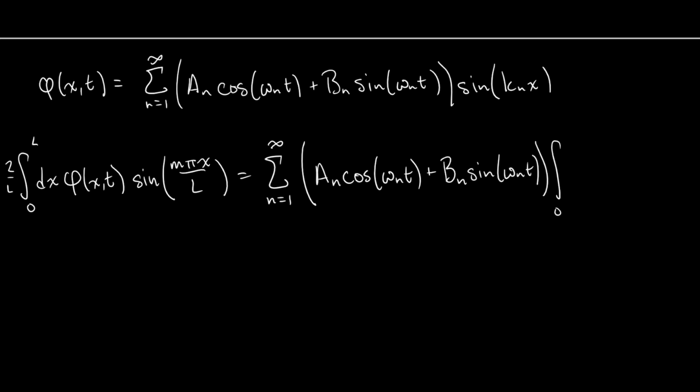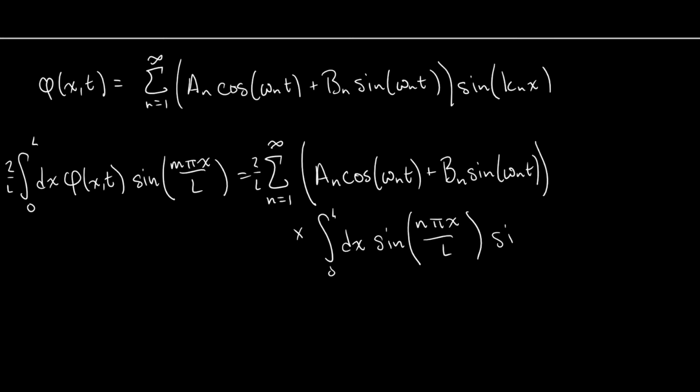So b sub n sine omega n t, and 2 over L, 0 to L, dx. Ooh, I'm going to run out of room here. So it's this times the integral from 0 to L dx of sine of n pi x over L times sine of m pi x over L. We know, of course, that this gives us our Kronecker delta, which collapses this sum to a single value.